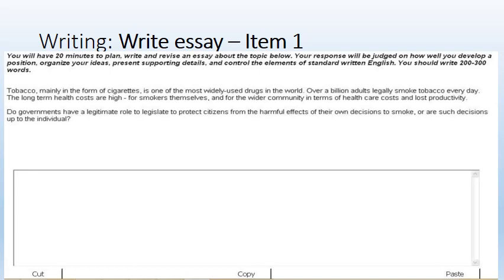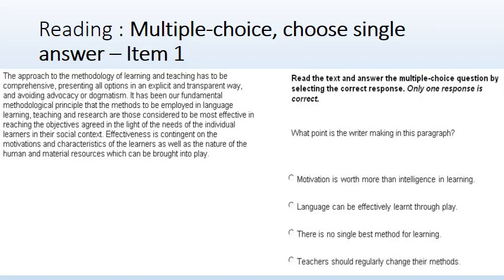Moving to the next section, that is your reading. So we'll go for reading. This is the first question type in the reading, multiple choice, choose single answer. So you have a paragraph and multiple options, and you have to choose a single answer. Here there are no timelines actually.